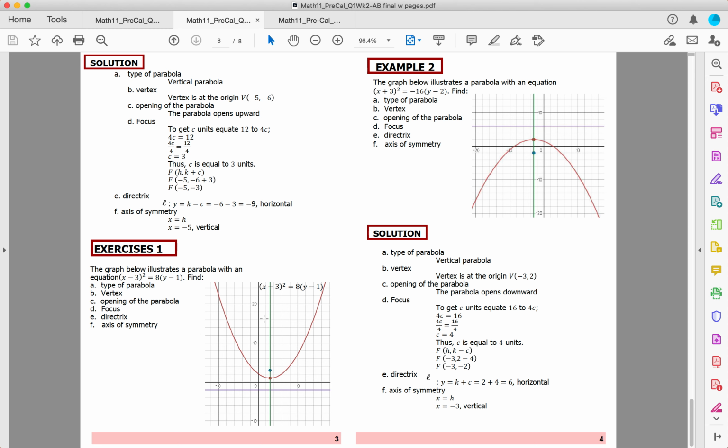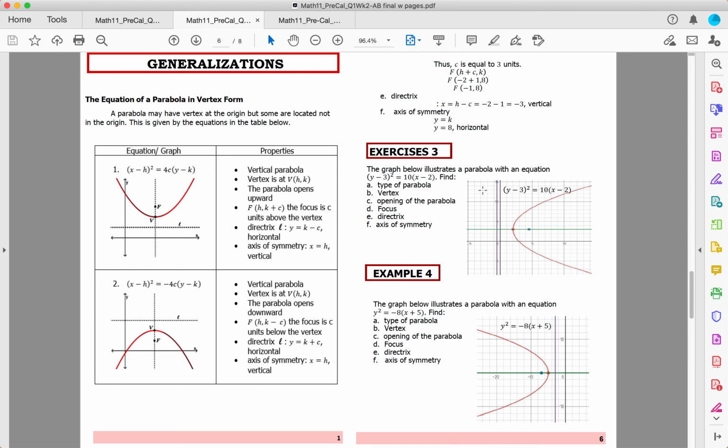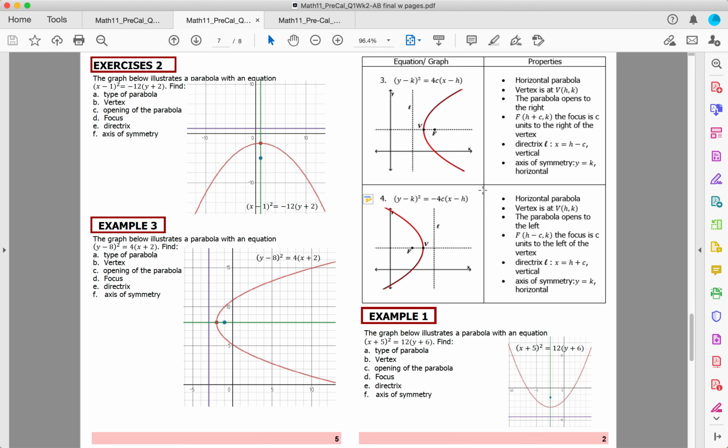Okay, next. Exercise number 2. Where is exercise number 2? Okay, this one. Exercise number 2.